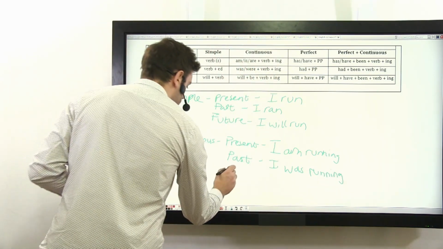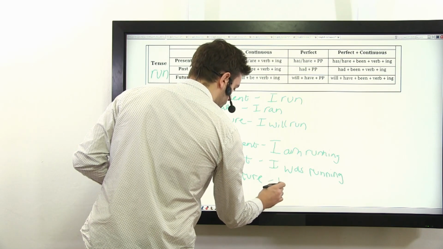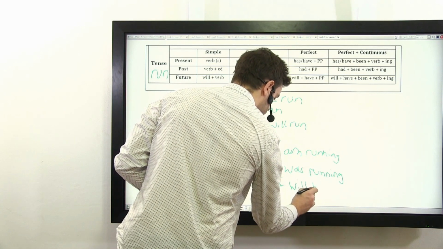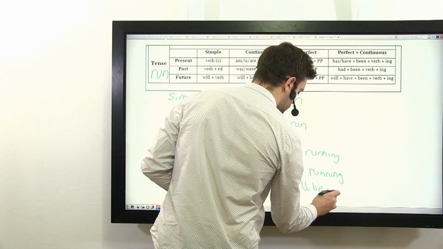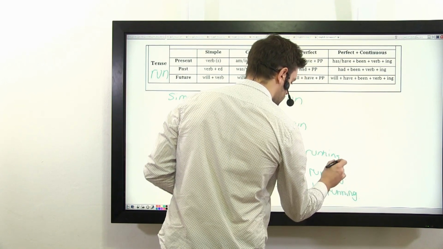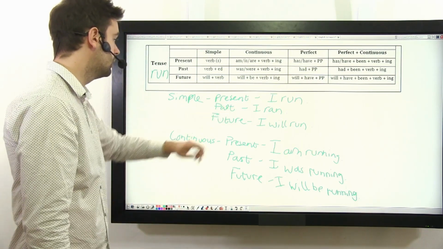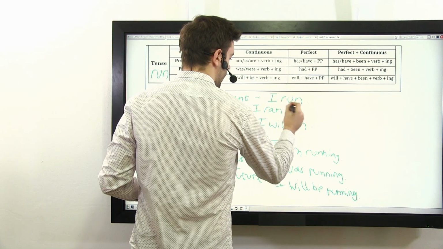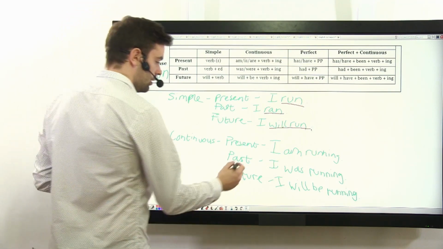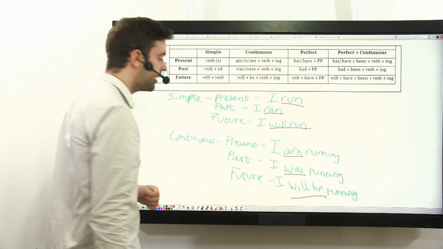And future continuous: I will be running. So, with the simple, the verb changes: I run, I ran, I will run. With the continuous, the be verb changes: I am running, I was running, I will be running.